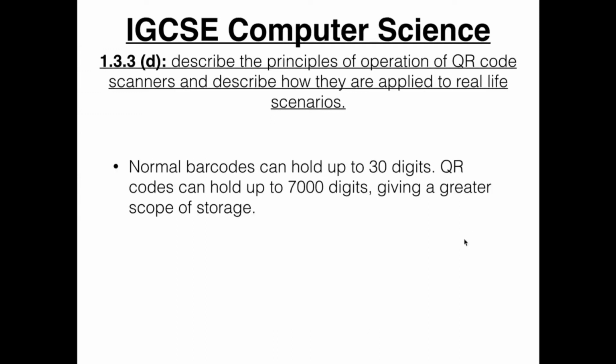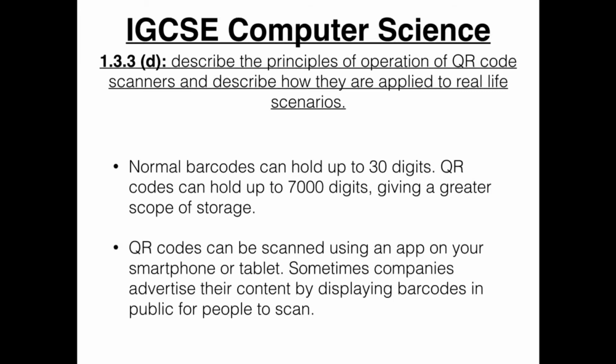So normal barcodes can hold up to 30 digits, but QR codes can hold up to 7,000 digits, giving a greater scope of storage. And QR codes can easily be scanned using an app on your smartphone or tablet, and sometimes companies advertise their content by displaying barcodes in public for people to scan.